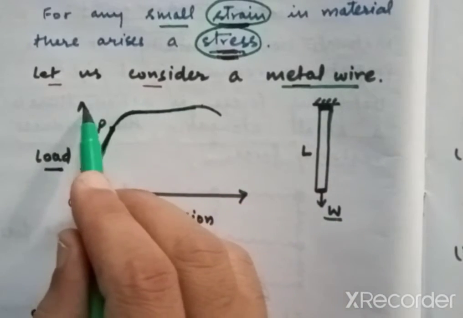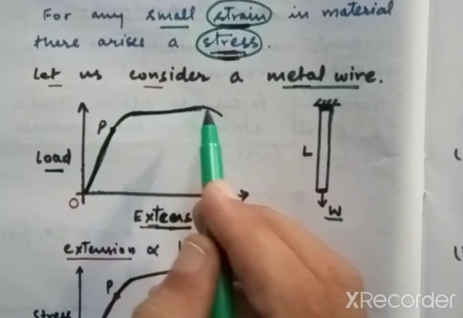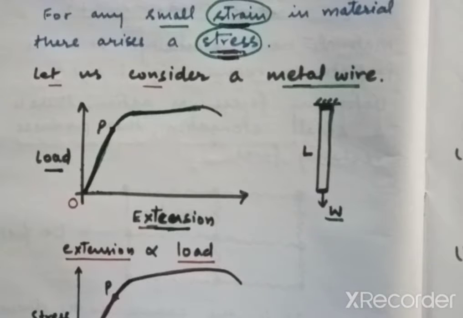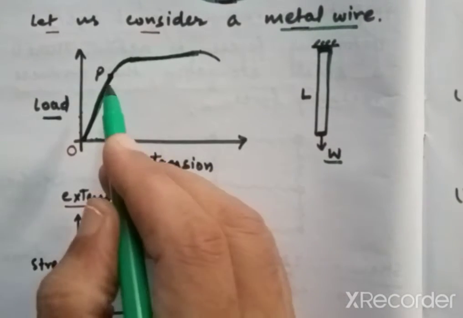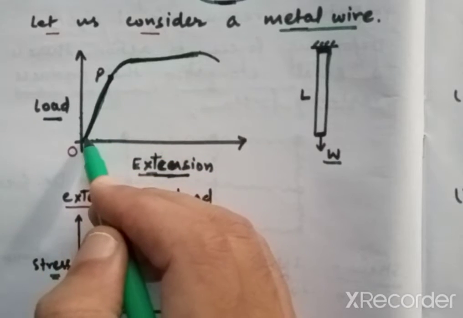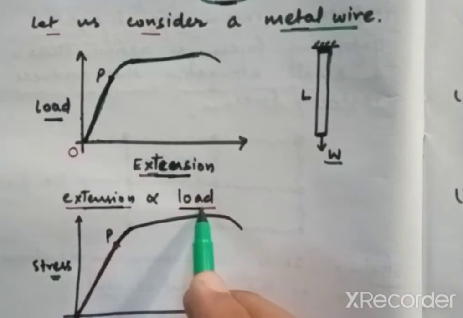For a smaller increase in the load, we will find a larger increase in the extension. But up to this point P, till there is proportionality, we can say extension is proportional to the load.